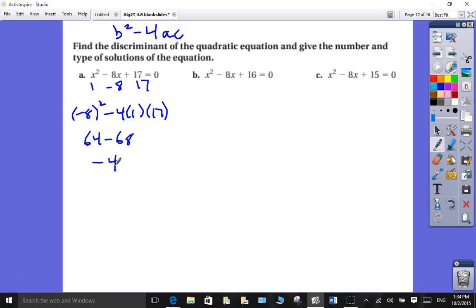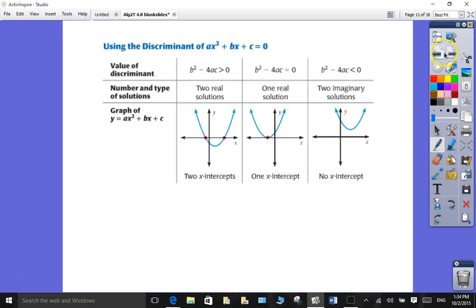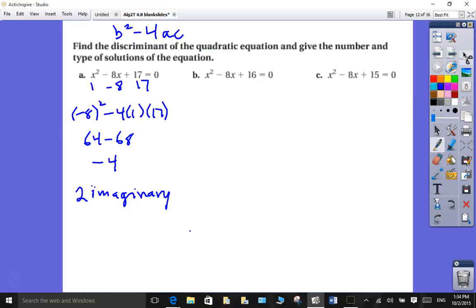You're going to get 1 for the plus, 1 for the minus. So we expect 2 imaginary. I mean, just look back at the graph. Less than 0, that was this one here. 2 imaginary.